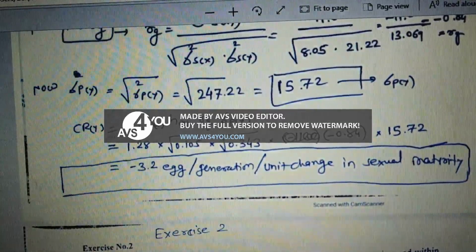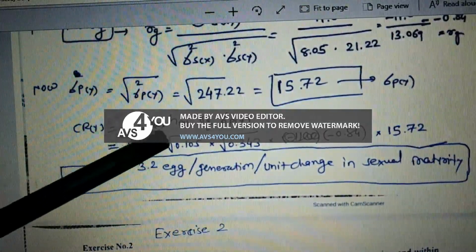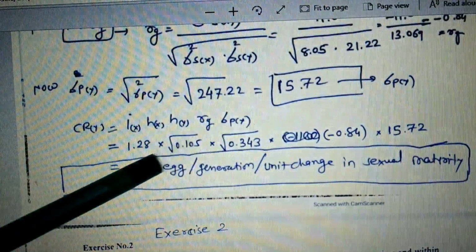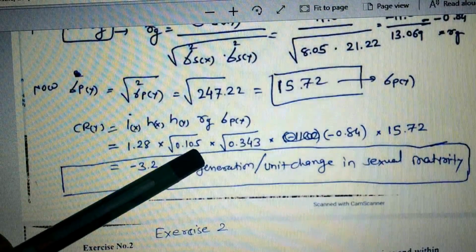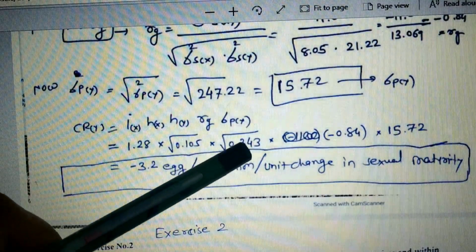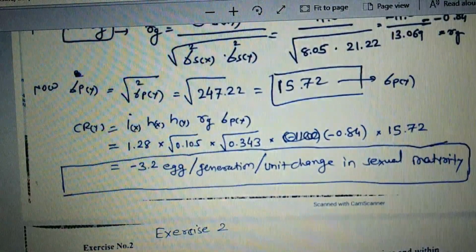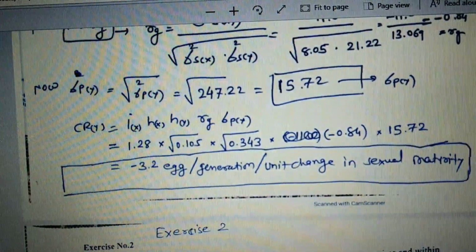The correlated response to selection in Y is equal to Ix, Hx, Hy, Rg, and the phenotypic standard deviation for Y. So 1.28, square root of 0.105, square root of 0.343, minus 0.84, and 15.72.